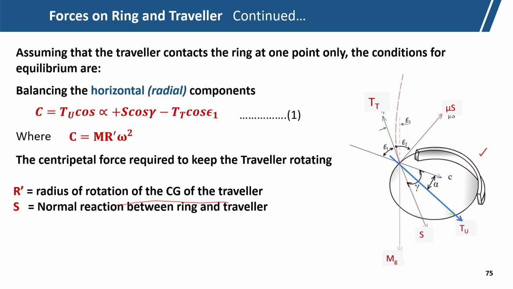S is the normal reaction between ring and traveler. So, S is the normal reaction between ring and traveler, here is the traveler normal reaction. And r dash is the radius of the CG of the traveler.